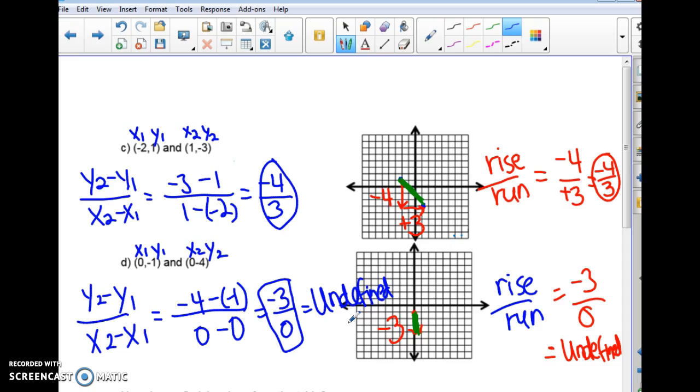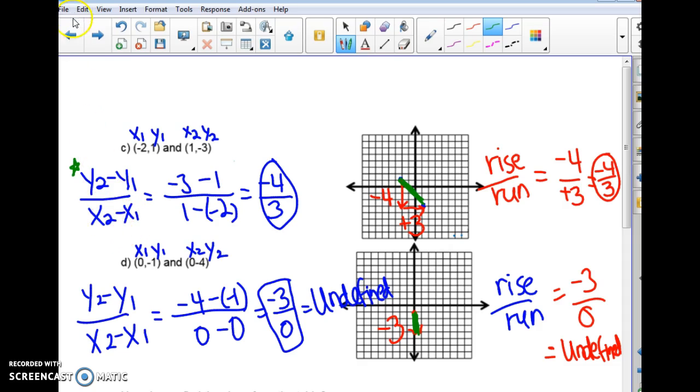So we've learned different ways of figuring out the slope. We can do rise over run, or we can do y2 minus y1 over x2 minus x1. Remember, always y goes on the top because it's the rise. We go up and down first, okay? Over x2 minus x1, right?